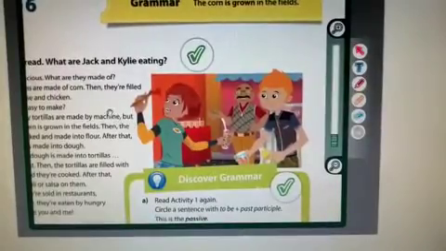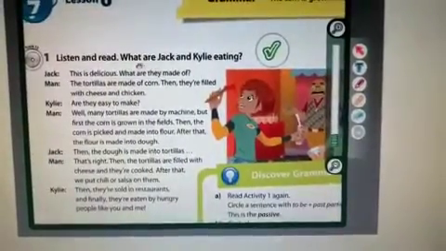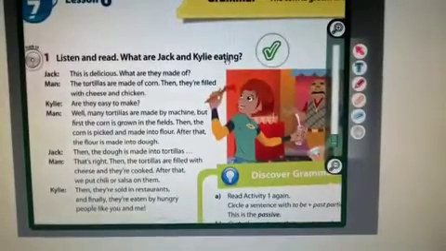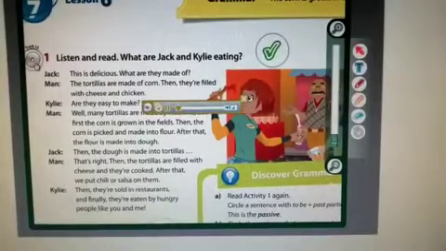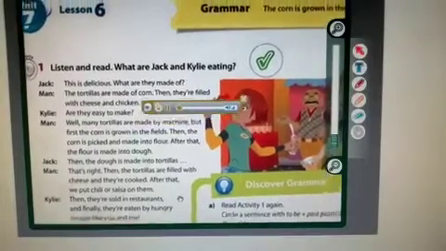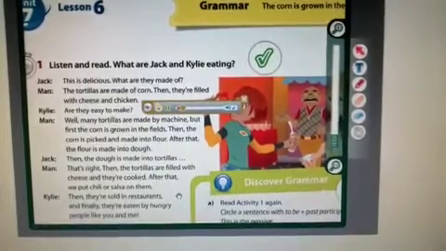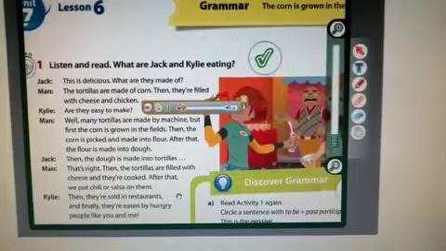Now, I want you to listen to the dialogue in order to answer this question. What are Jack and Kylie eating? Listen carefully. Unit 7, Lesson 6, Activity 1, page 71. Listen and read. What are Jack and Kylie eating?